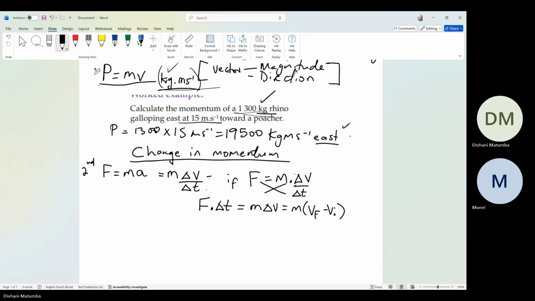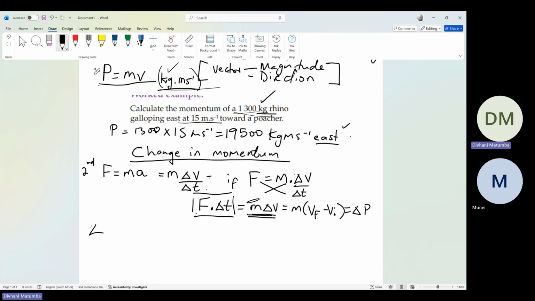So this is what we call impulse. If you look at what we have here, mass times velocity is momentum. This is momentum, but this is the change in momentum.